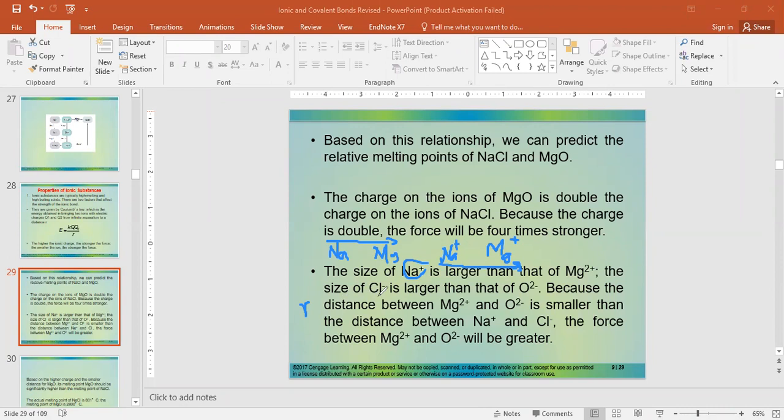And then the size of chlorine is larger than that of the oxygen. You understand why? Compare this and that in the periodic table.